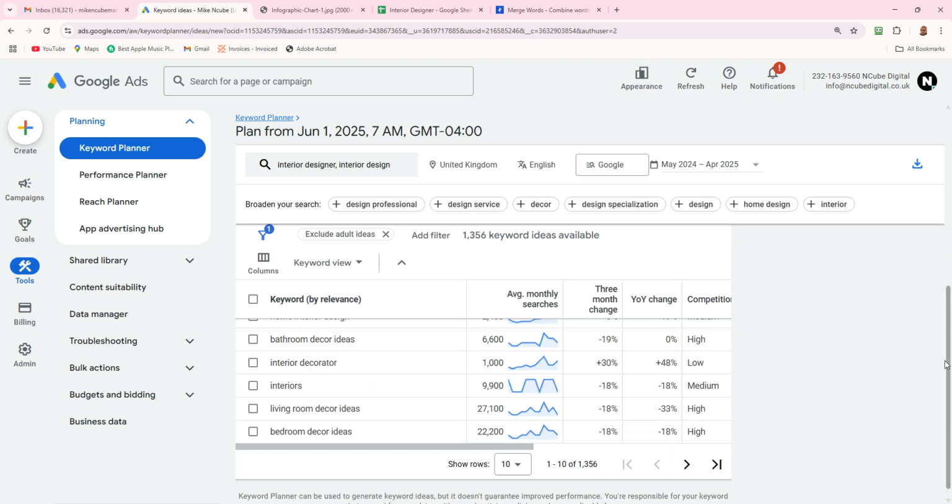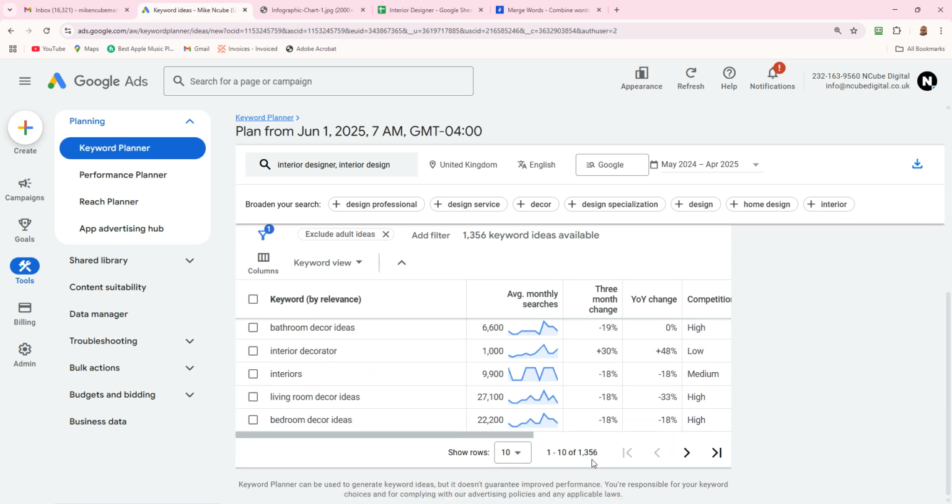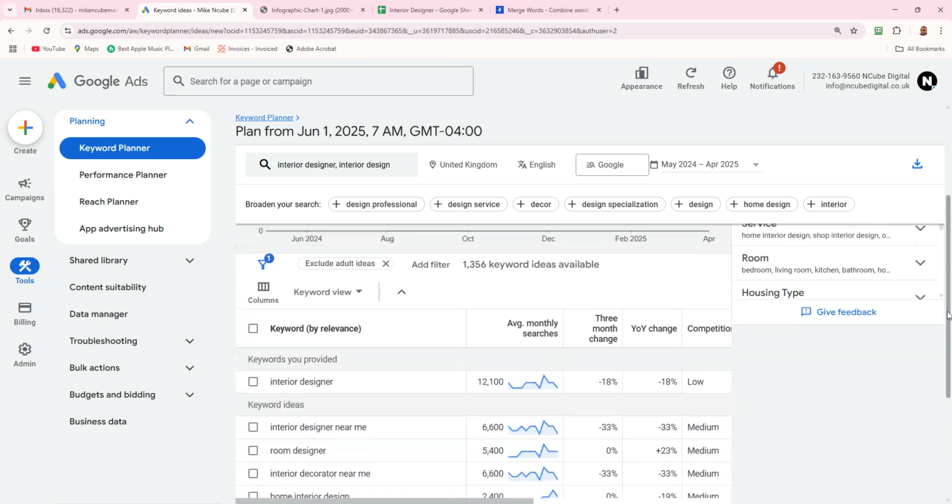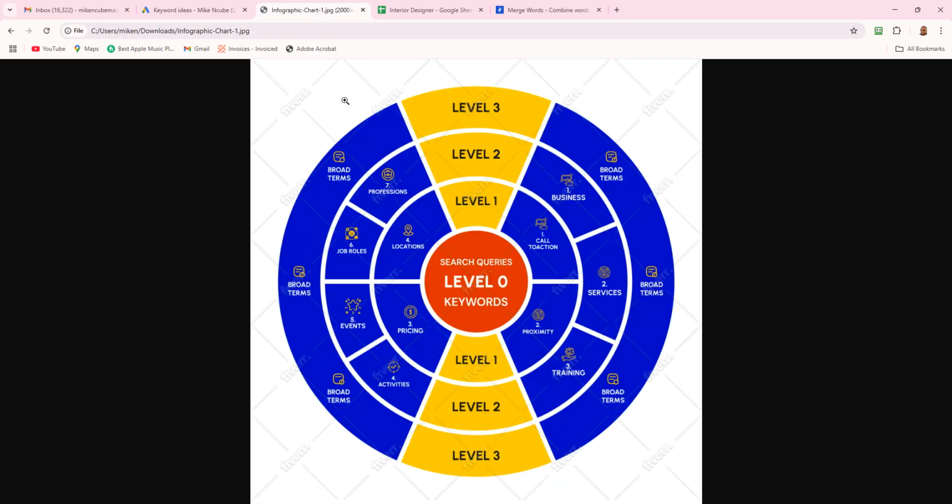So it's going to give you many keywords, in this case 1,356, but maybe pick 7 or 8 themes from there. Like interior decorator could be one ad group, interior designer could be another ad group, and then you build your keywords using the search query framework, making sure that they all fall nicely into the intent and the high targeting that we want to achieve through the search query framework.